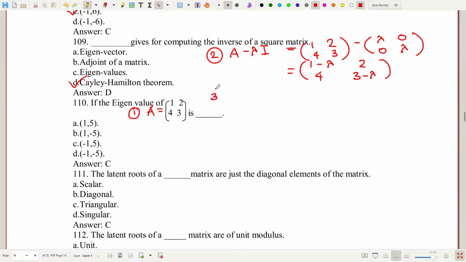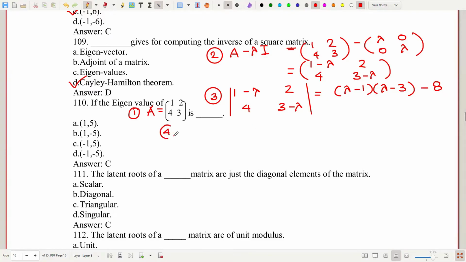Now the next step, we have to find the determinant of that particular matrix. That means we get 1 minus lambda 2, 4, 3 minus lambda, or we get lambda minus 1 into lambda minus 3 minus 8.